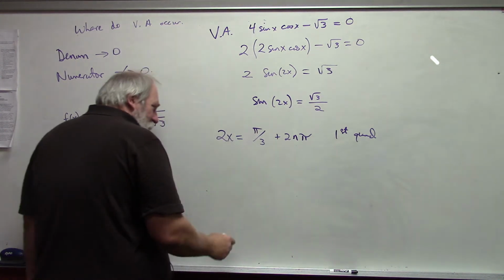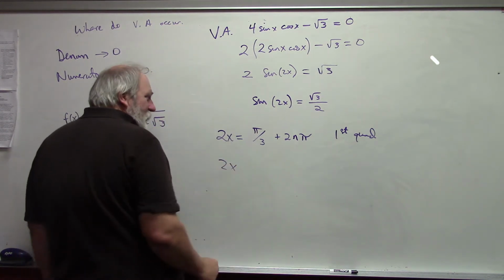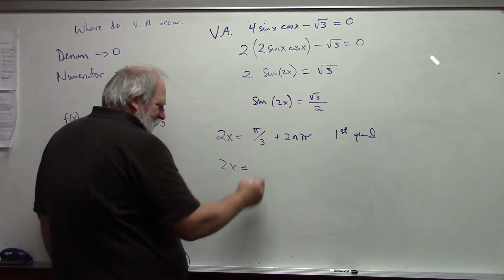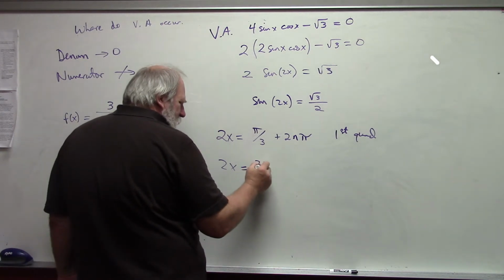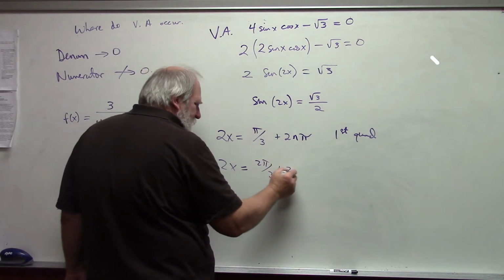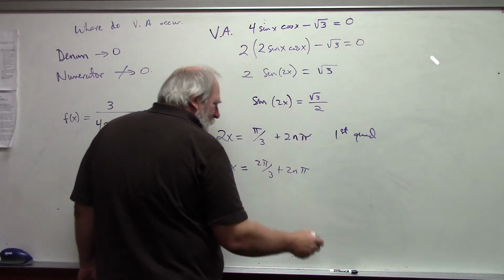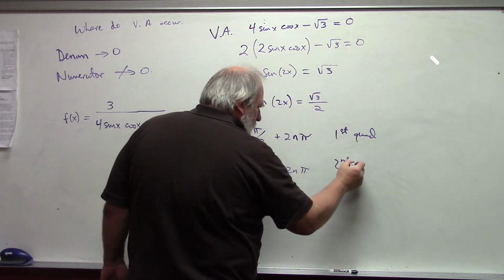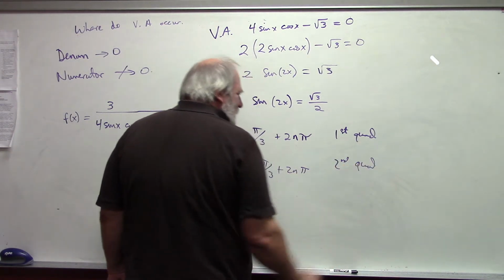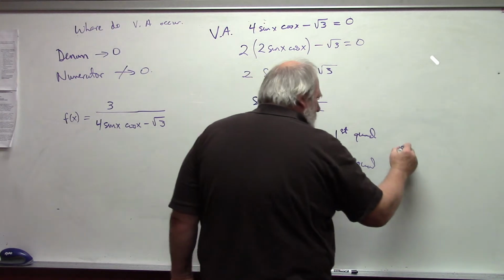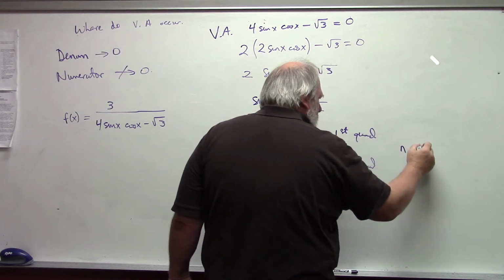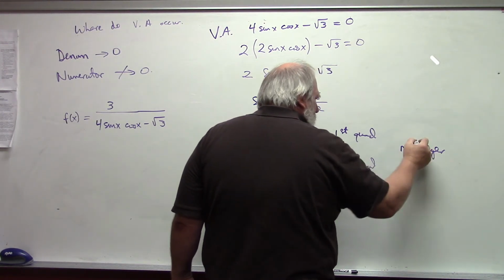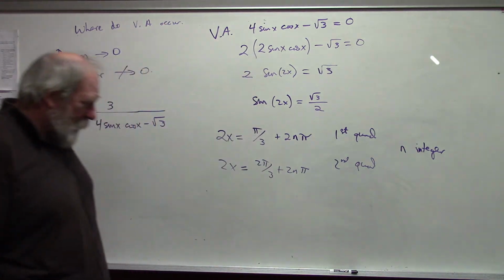And sine is also positive in the second quadrant. So 2x is equal to 2 pi over 3 plus 2n pi. N here represents an integer. Any integer we want.